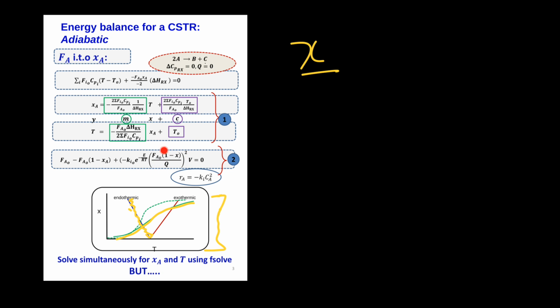And then for each X value, everything is known except the temperature there in my rate equation. So I can solve the temperature for a range of X values, and then I can construct my figure. And of course, there where my mole balance and my energy balance intersect, that's the solution of the two variables by solving the two equations simultaneously.